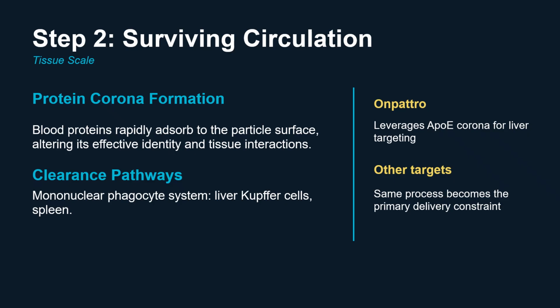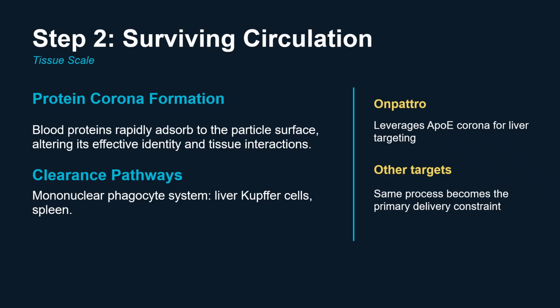So when it comes to step two, once the LNP enters the bloodstream, the proteins in the blood quickly stick to the particle surface. So this forms a protein corona and changes how the particle behaves in the body. So the corona has a big impact on where the particle goes and which cells it interacts with.